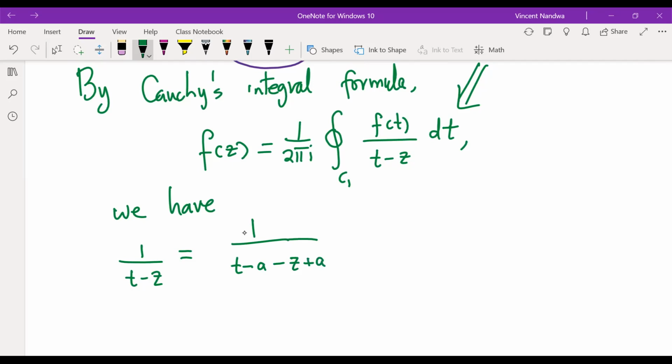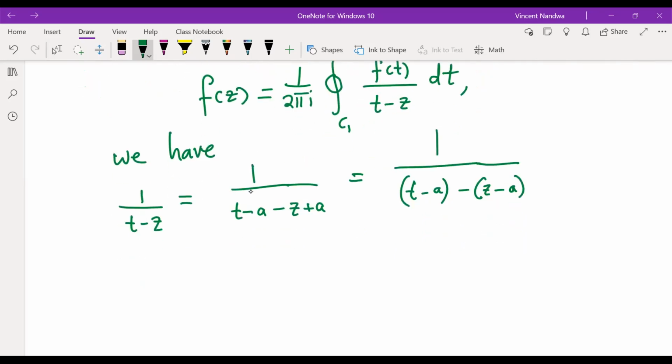Check that this new expression is exactly the same as the original one, but I'm rewriting it in such a way that I can take care of the point z equals a. Which can be written as 1 over t minus a minus, when I factor out the negative, z minus a. So this will be the expression.